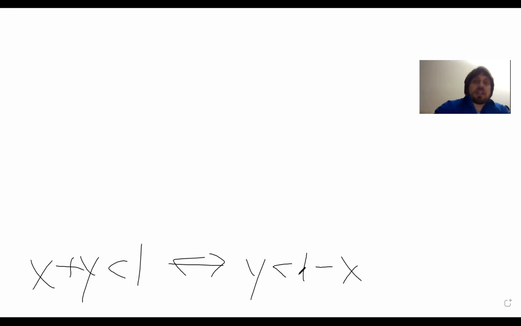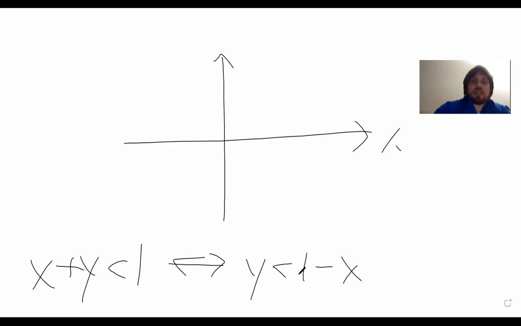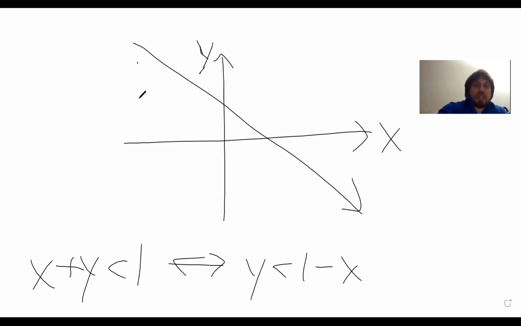And so when you graph this inequality, all the points that satisfy it, then 1 minus x, if you were to graph y equals 1 minus x, you would get this line. Okay, this would be the line y equals 1 minus x.